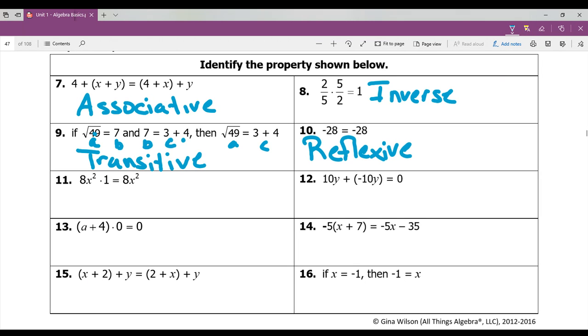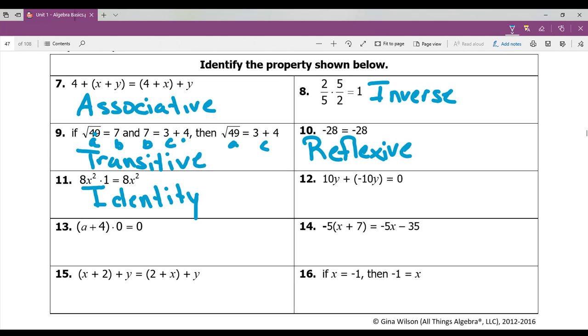What this is saying is you take any quantity, multiply it by 1 and you get the same thing back. This is called the identity property. And this is the identity property for multiplication. Okay? You multiply any quantity times 1, it does not change the value.